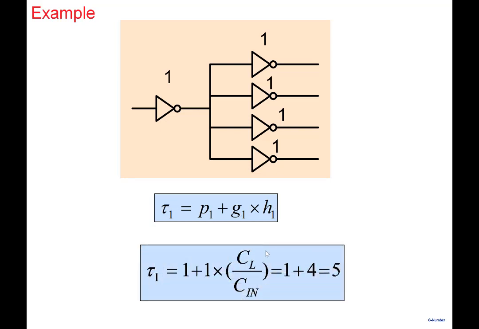All we need to do is find out what H is. H for this one is the load capacitance of this inverter, CL, divided by the input capacitance of this one. The input capacitance is, let's say, 1 unit, and the load capacitance is 1 plus 4 units, so 5, right? So we are able to predict very quickly that the delay of this inverter would be 5 times the intrinsic delay of an inverter.